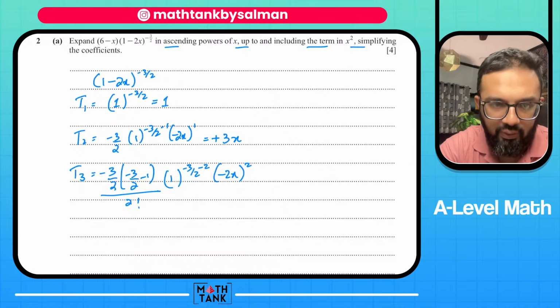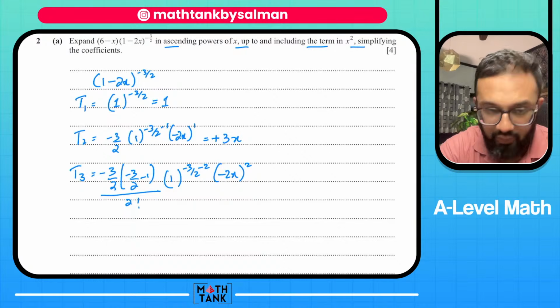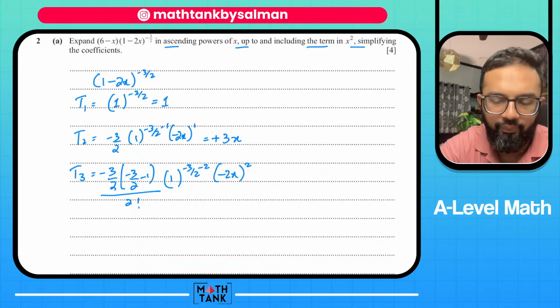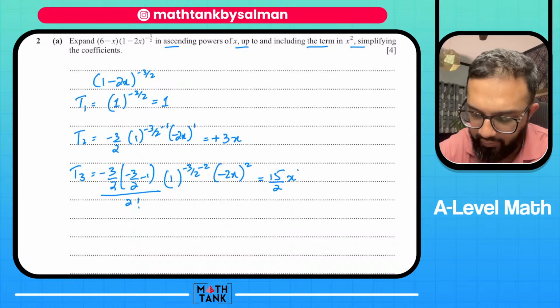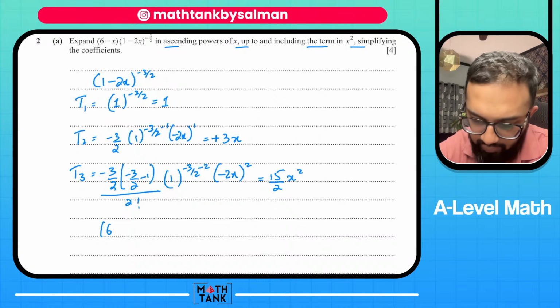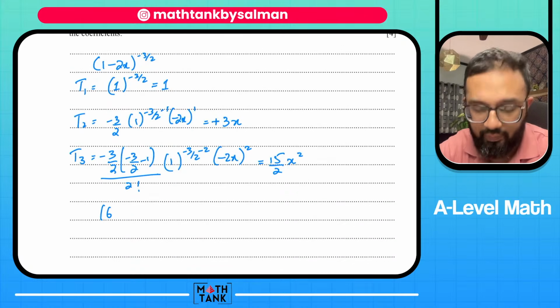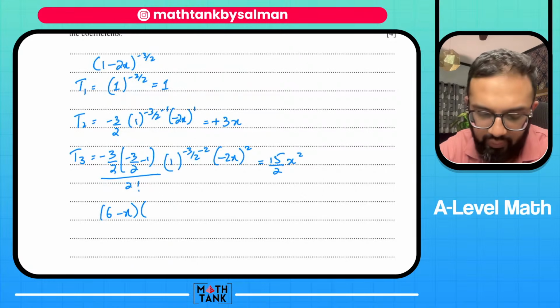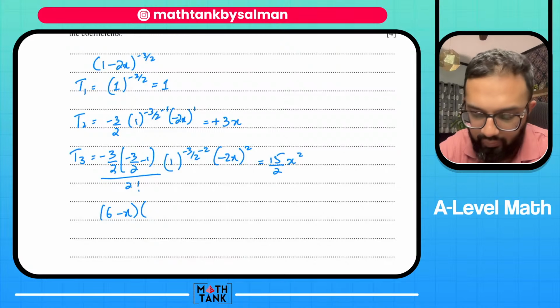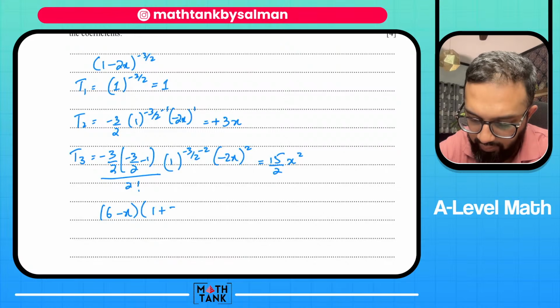Minus 1 over 0.5 into minus 2.5 divide by 2 into 4. That's 15 over 2, and that's also a positive x squared. So I have to then multiply 6 minus x with all of this. So 1 plus 3x plus 15 over 2x squared.